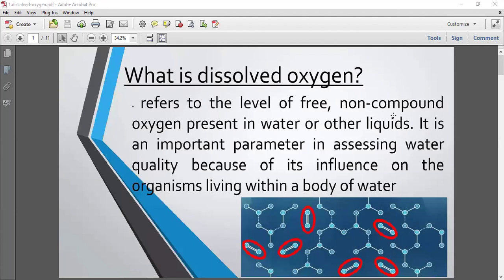The atmosphere also has oxygen, but that type of oxygen cannot be consumed by fish. Only the dissolved oxygen from the water is used. So you can understand the difference between dissolved oxygen and other oxygen.